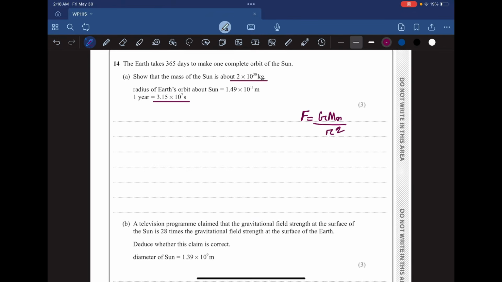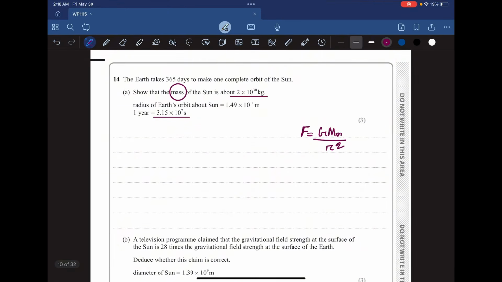Now you might ask me, why am I bringing this force formula right here? The question has asked me to figure out the mass of the Sun, so why did I bring out the force? The reason is because the Sun has a mass, so does the Earth. As both of them have mass, both of them will be exerting gravitational force on each other, right?